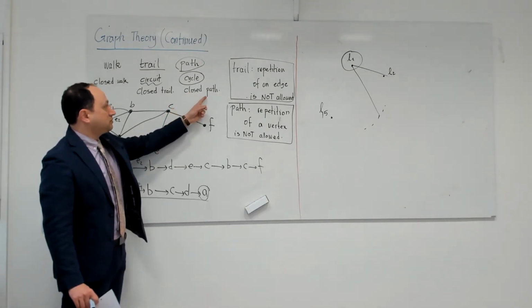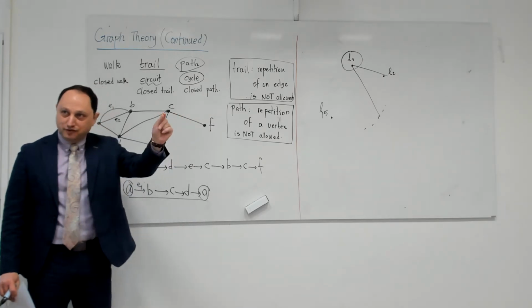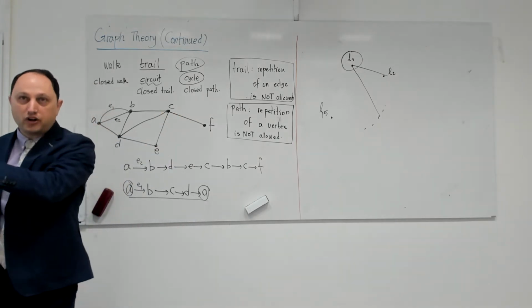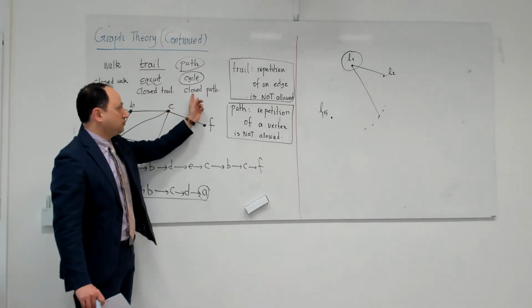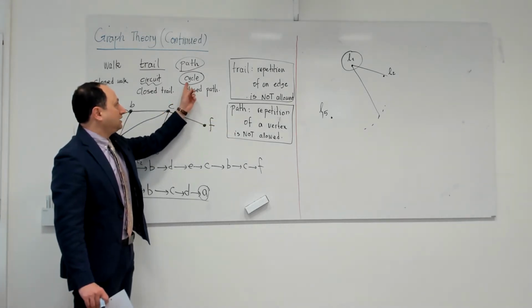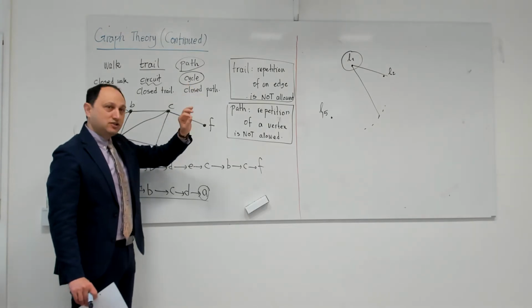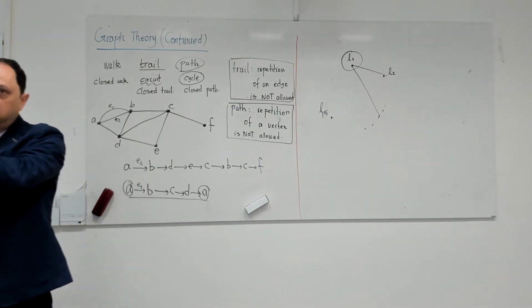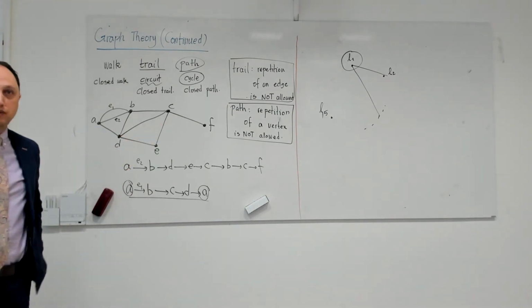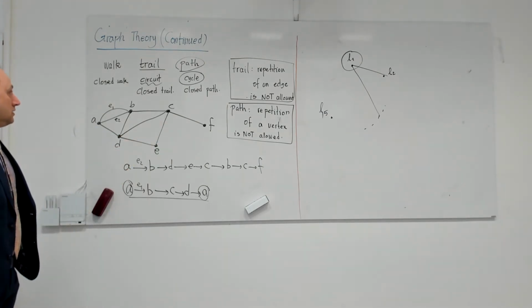When I say closed path, automatically the first vertex and the last vertex are the same. But when I am telling you you are not allowed to repeat any vertex, in the case of a cycle, it's no problem. You can repeat the very first one and the very last one. But you are not allowed to repeat anything in between. Okay? So is that clear?